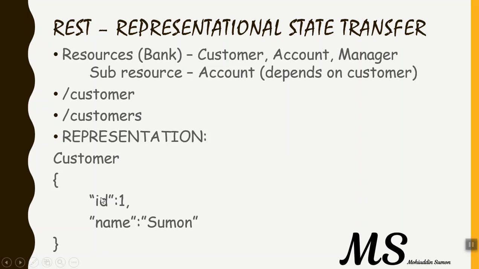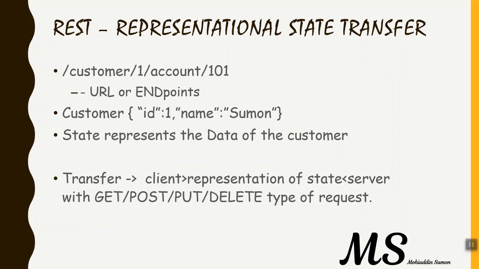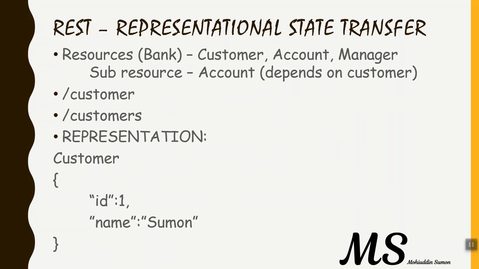So this customer resource has an ID of 1 and a name of Shumon. So the representation means the resource with all the variables or all the values in it. Then we talked about sub resources. Sub resources are resources that depend on another resource, like account depends on customer.